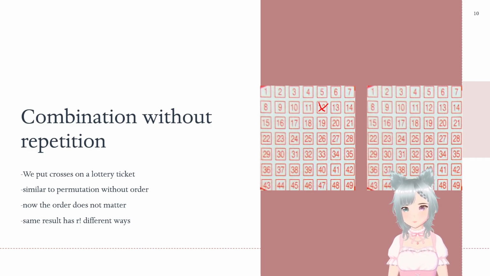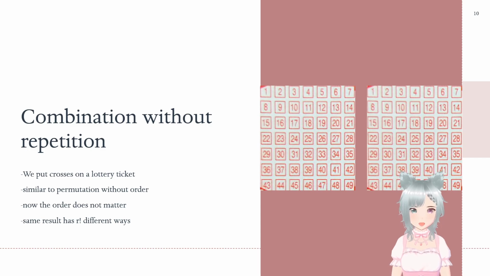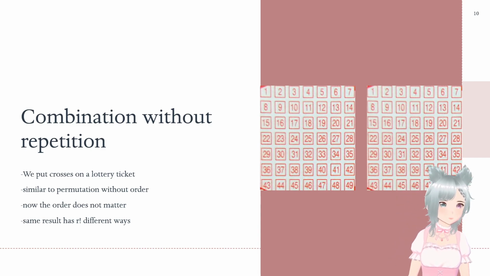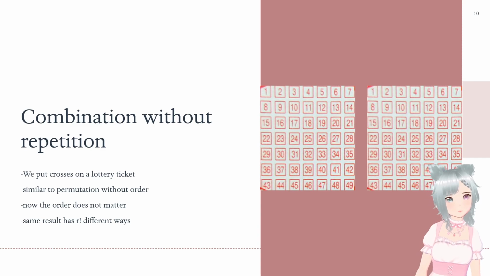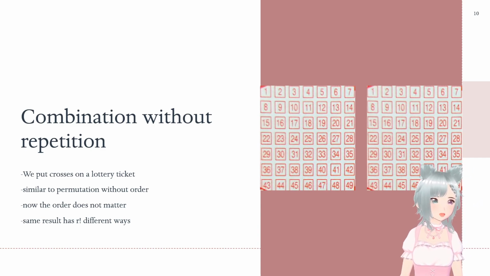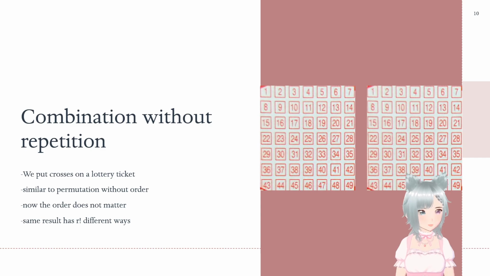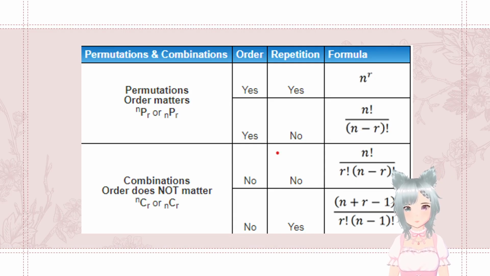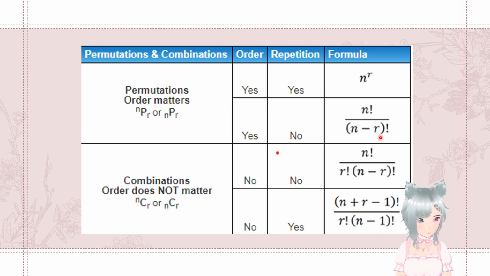So let's look at how many solutions there actually are for crossing out 3 different numbers on a 49 number board. If you think about it, it's kind of similar to our permutations where we have no repetition.